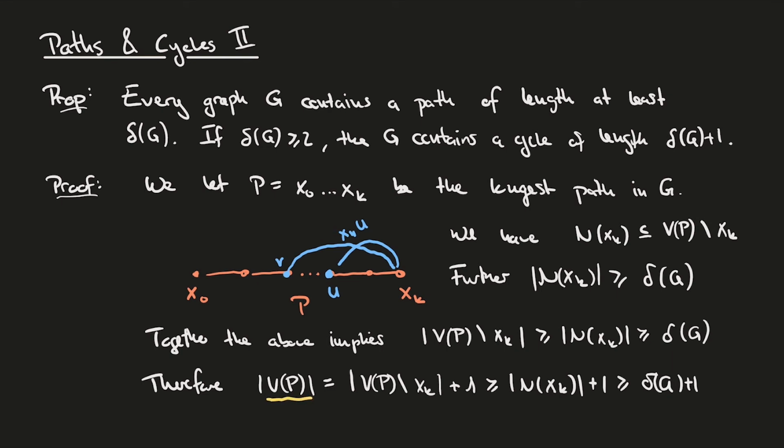Thus, we've now shown that the vertex set of P has at least delta G plus 1 elements.